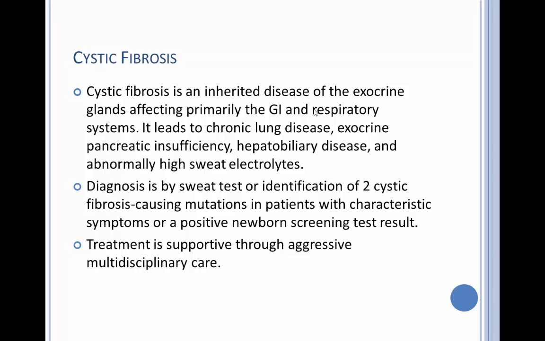Universal diagnosis is by screening. The newborn screen may also be suggested by a positive prenatal screening test result, family history, or symptomatic presentation. It's confirmed by a sweat test showing elevated sweat chloride on more than 2 occasions. In this test, sweat is stimulated by pilocarpine, the amount of sweat is measured, and the chloride concentration is determined.